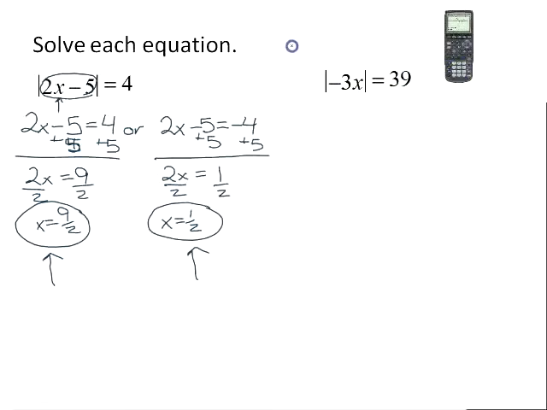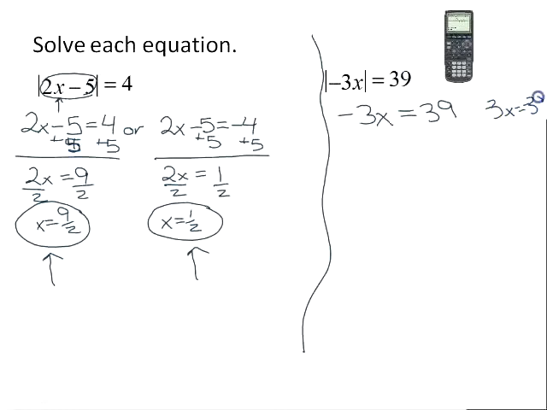Okay, well here's another problem, another equation. I have the absolute value of negative 3x equals 39. I want to do the same thing with this. I want to take whatever's inside the absolute value bars, which in this case is a negative 3x. I want to set it equal to 39, and I want to set it equal to negative 39.